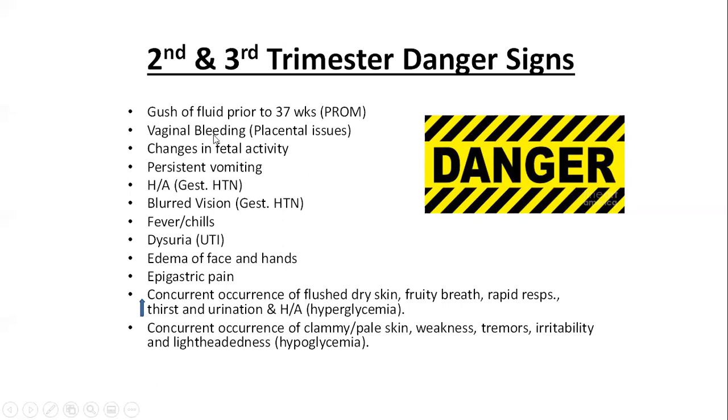Both can cause vaginal bleeding or change in fetal activity: no movement, or a fetal heart rate that is too fast or too slow. Also persistent vomiting, blurred vision, fever, chills, and dysuria, which indicate urinary tract infection, shortly called UTI.